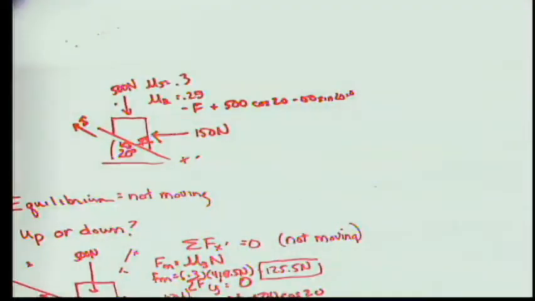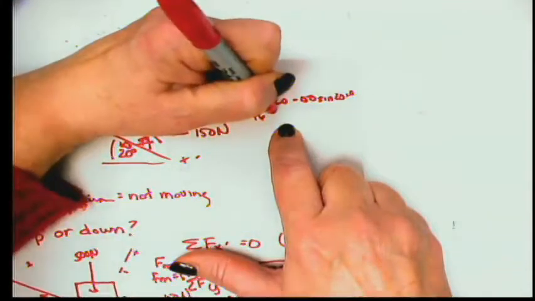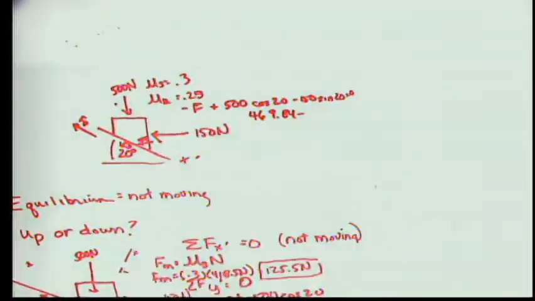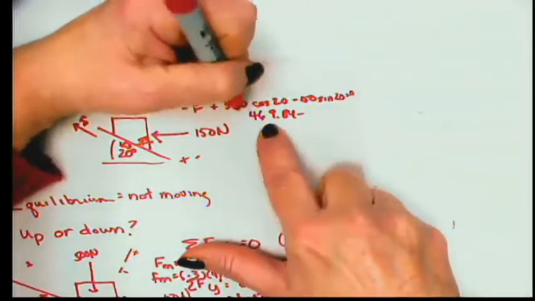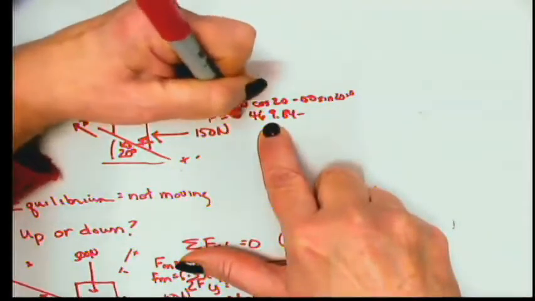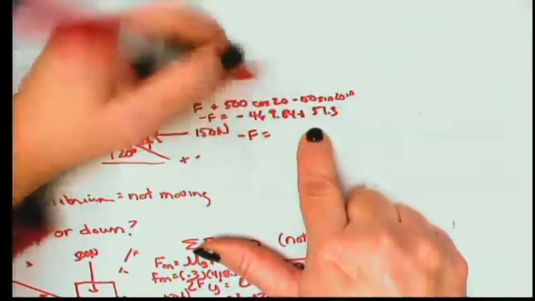So I have 500 times the cosine of 20, which is 469.84, minus 150 times the sine of 20, which is 51.3. So I get minus F equals minus that plus this number.